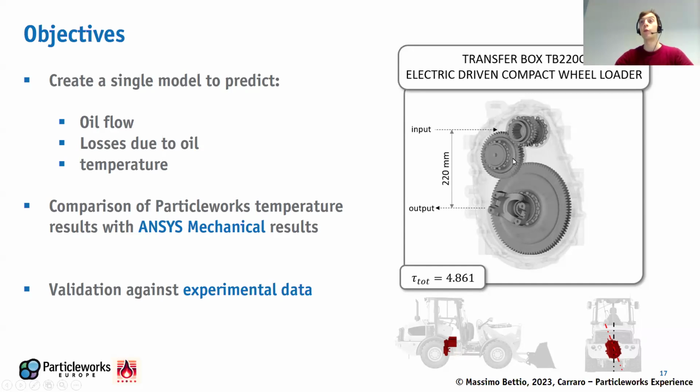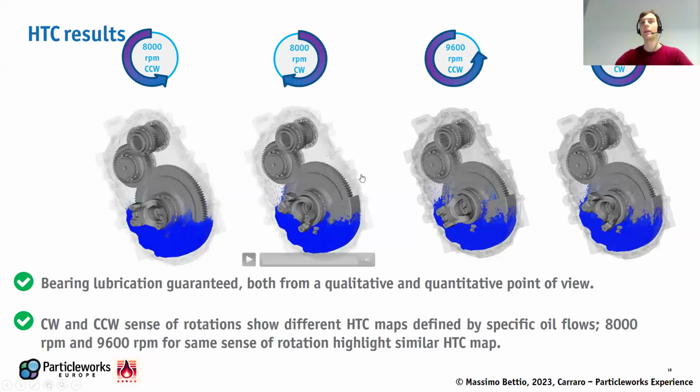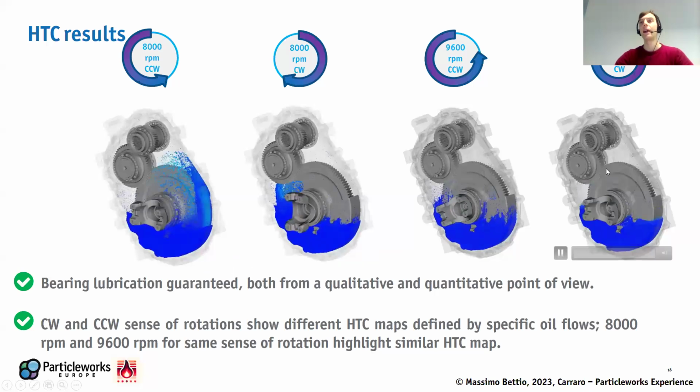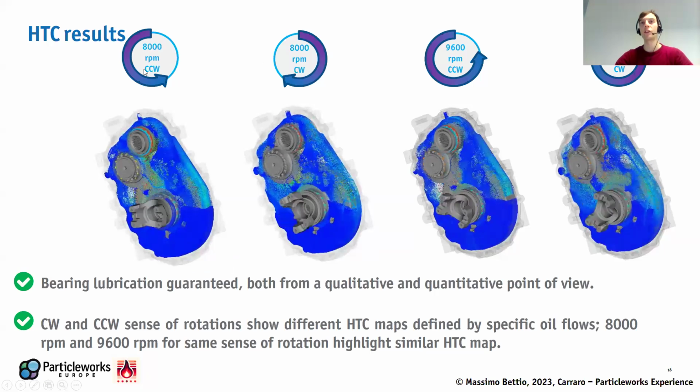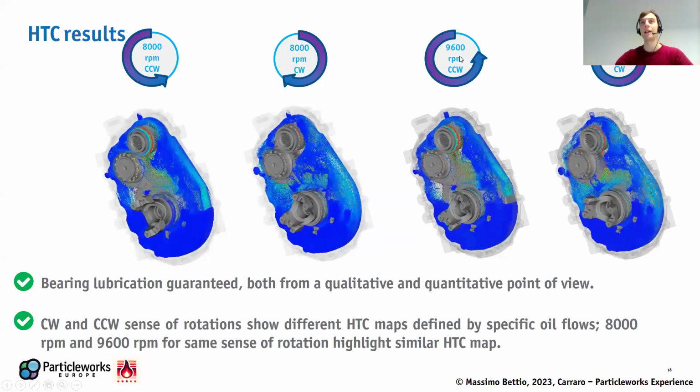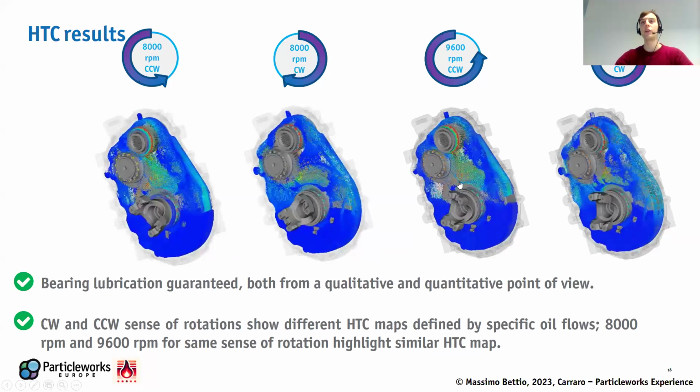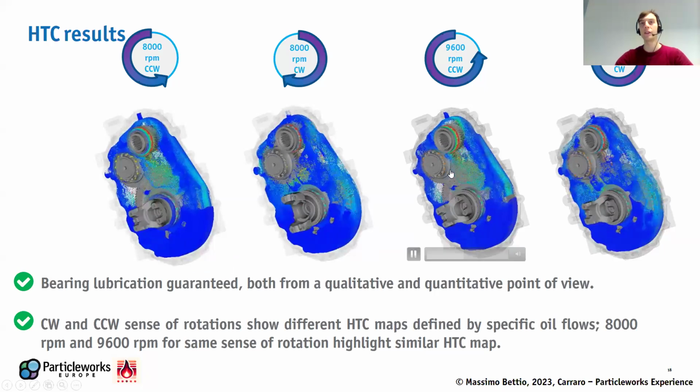They wanted to compare the full workflow of Particleworks temperature prediction with respect to the simulation. Here we see the 4 configurations analyzed: two RPM conditions, 8,000 and 9,600 RPM, and 2 different rotational directions.